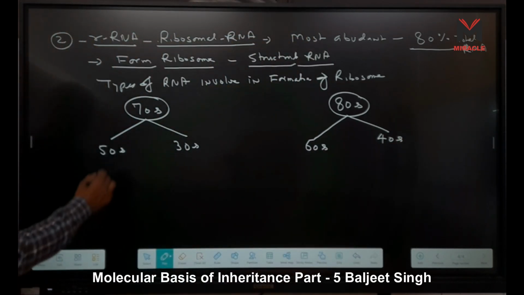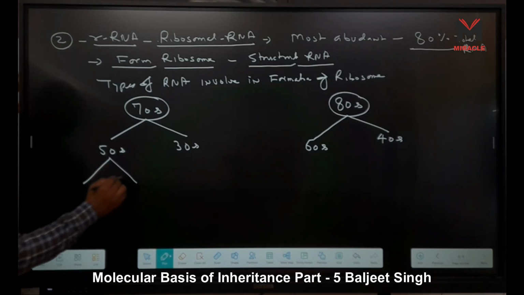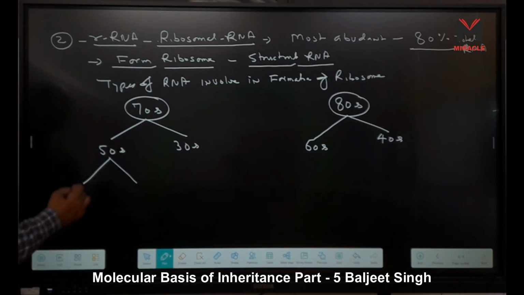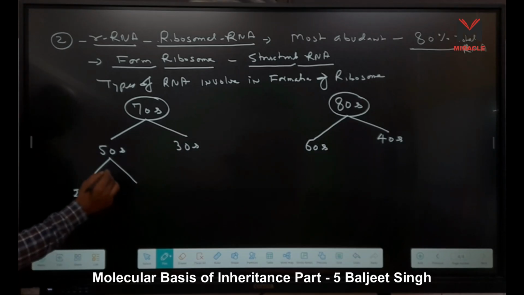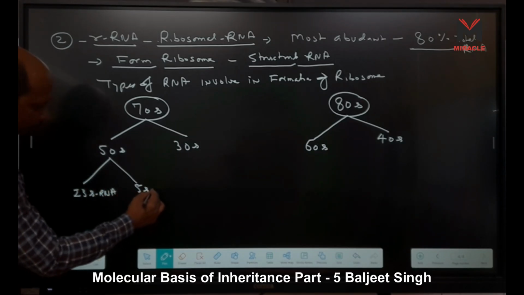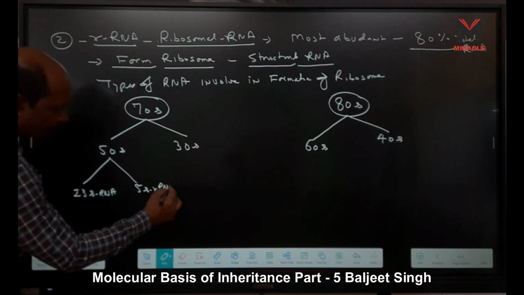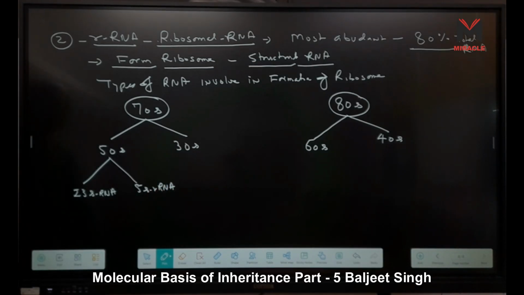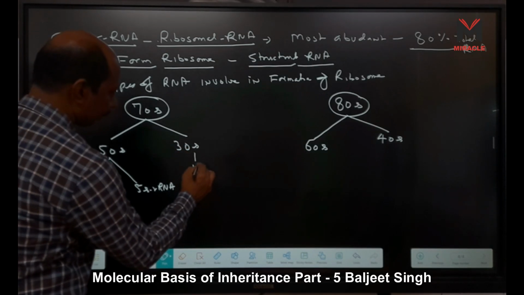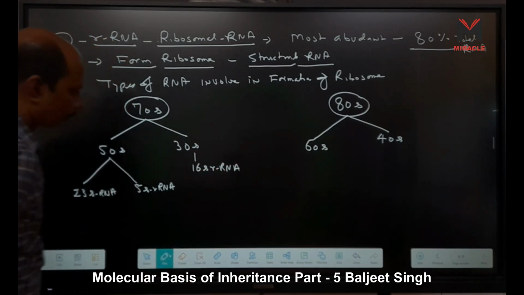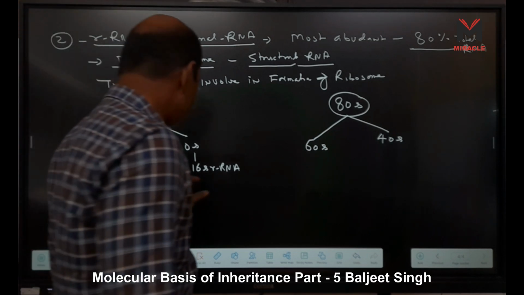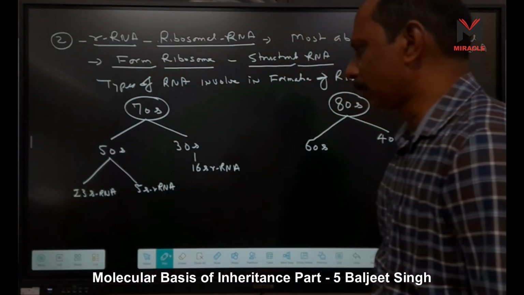Now you can see this 50S is made up of two different types of RNA: 23S ribosomal RNA and 5S ribosomal RNA. Right? 30S is made up of 16S ribosomal RNA. So three different types of RNA are responsible for the formation of a ribosome, right?